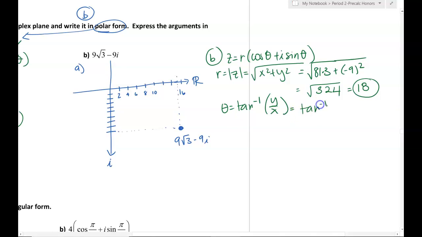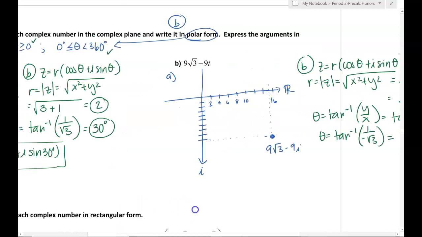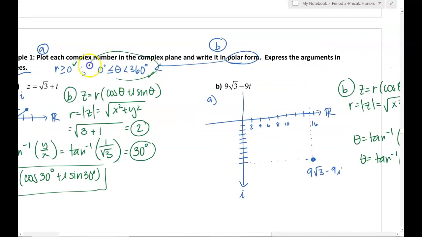So tangent inverse of y value is negative 9, x is 9 rad 3. Let's reduce that. That means theta equals tangent inverse of 1 over negative rad 3, which will give us negative 30 degrees. You can test that out using your calculator. But remember, we cannot have a negative angle for polar form.